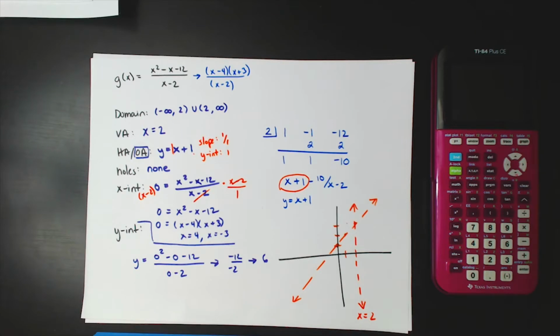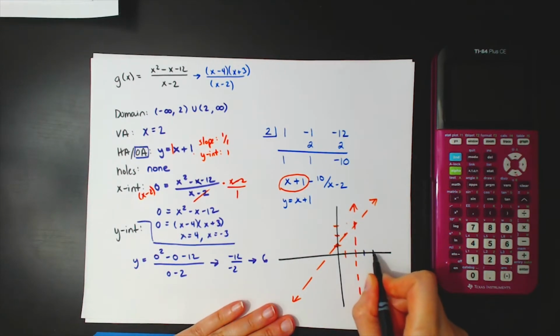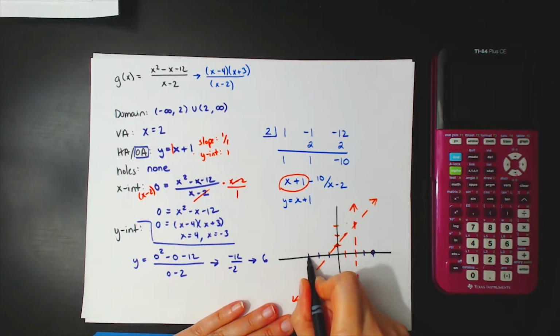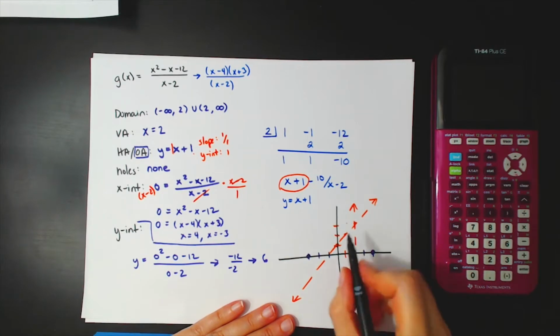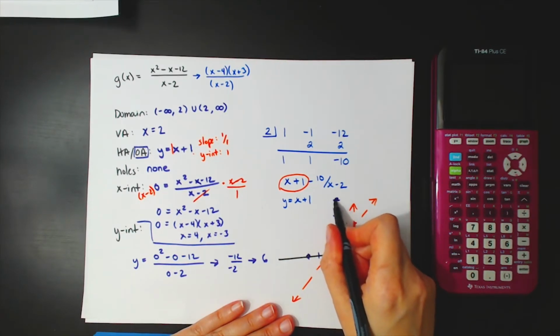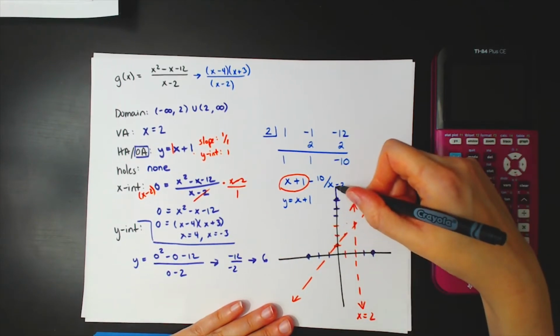Let's go ahead and plot our intercepts. We had an x-intercept of positive 4 and an x-intercept of negative 3 and a y-intercept of 6. 1, 2, 3, 4, 5, 6. Again, just kind of a rough sketch right here of my graph.